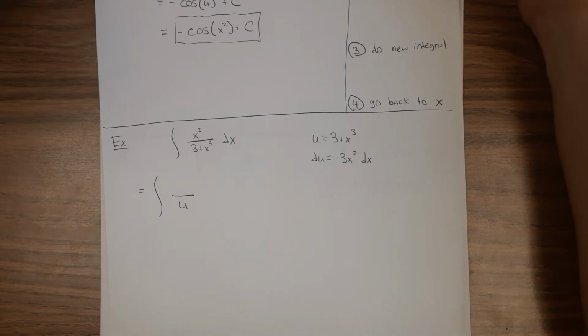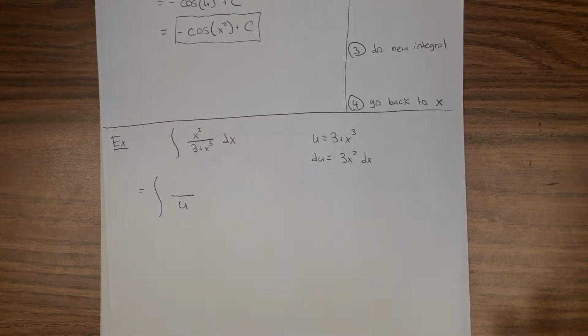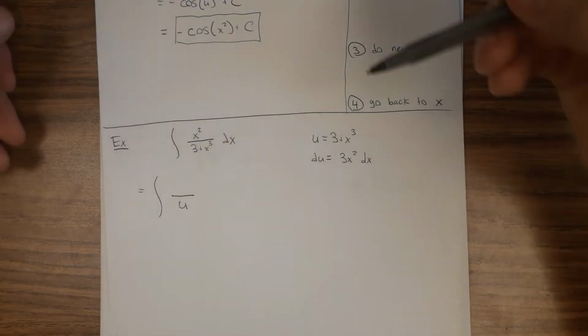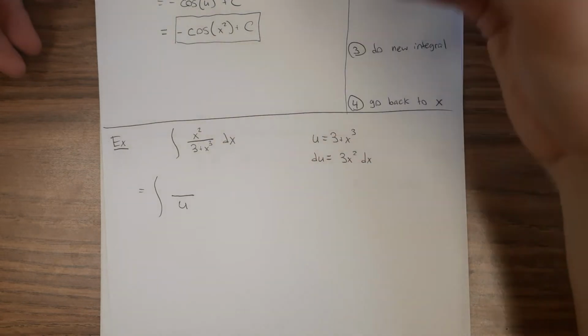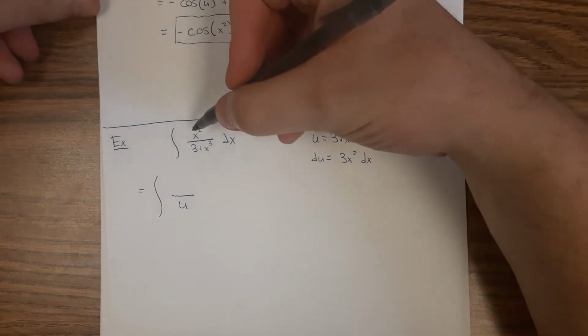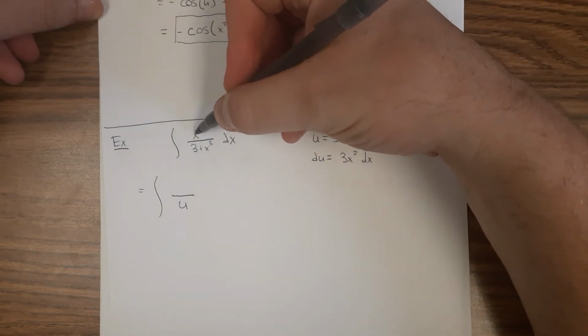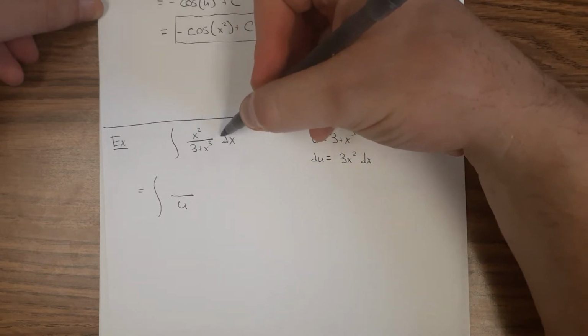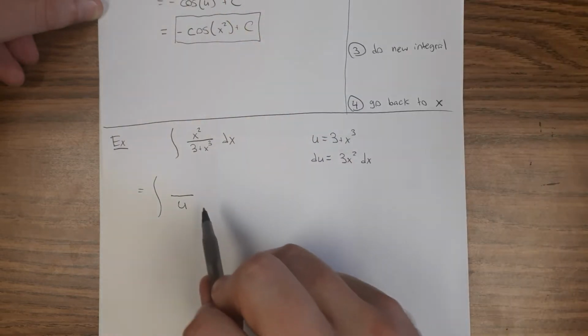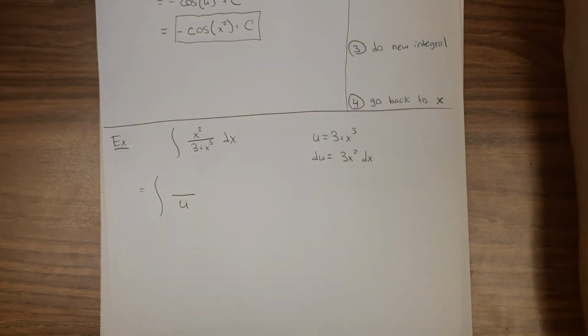Probably a lot of you see how this is going to work out, but let me pretend that I don't. Of course, there are unaccounted for things. I've not accounted for this x squared at all. I also haven't accounted for this dx at all, and I have to put something here to account for those things.